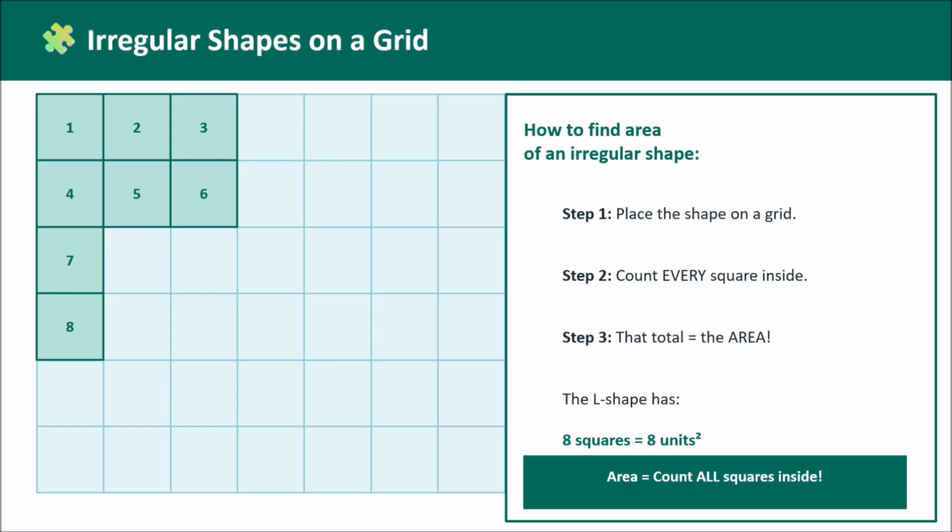Step number 3, the total gives you the area. So count with me: 1, 2, 3, 4, 5, 6, 7 and 8. The L shape has an area of 8 square units. So grids make irregular shapes easy for counting or finding the area. You don't even need the formula, am I right?